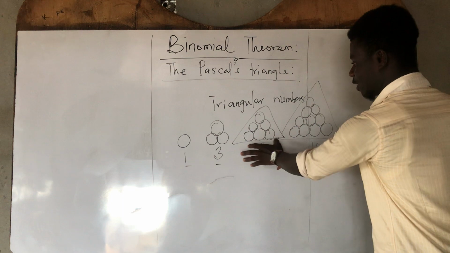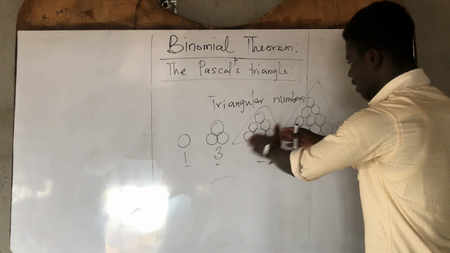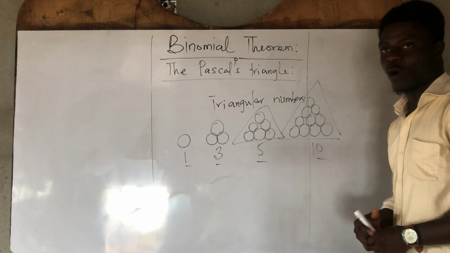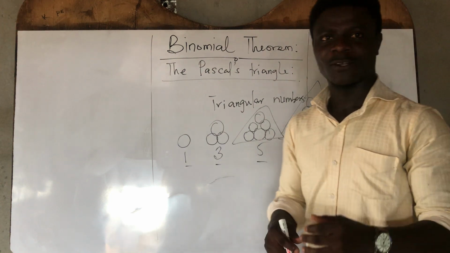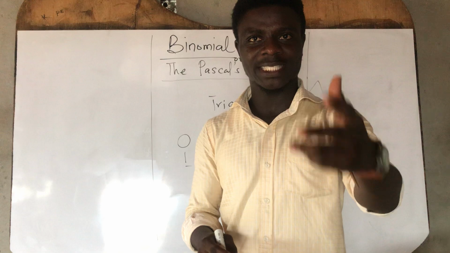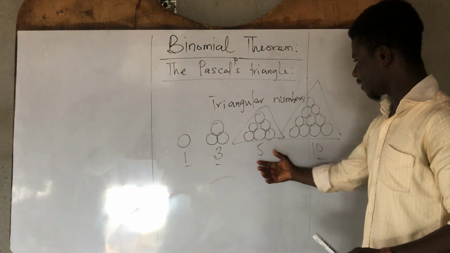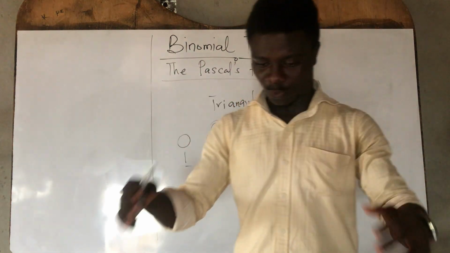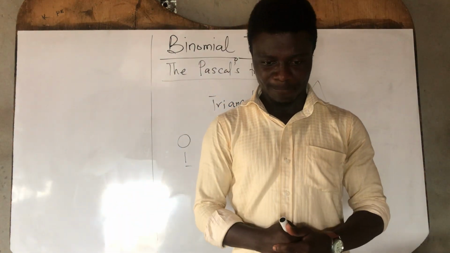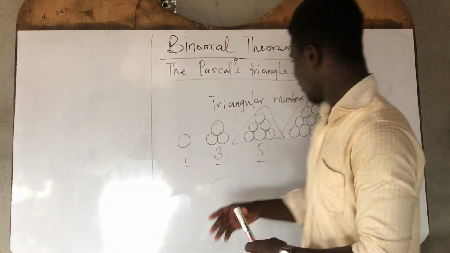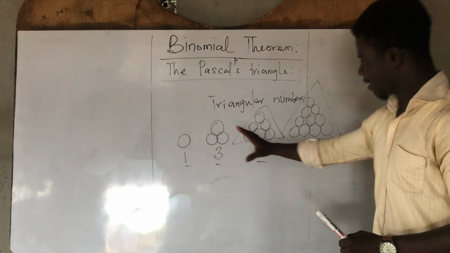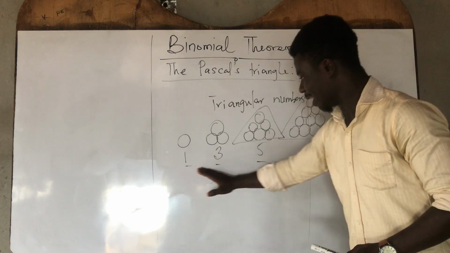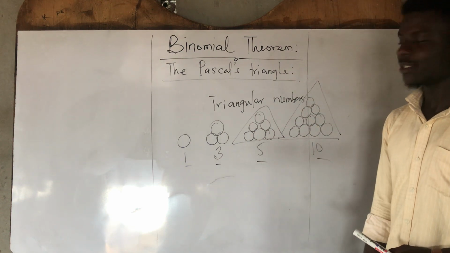Then we have 6 oranges here, forming another triangle. Then another 10 oranges here, forming another triangle, right? So when you go to the market, you can see how they've arranged the tomatoes and other things. They are called the triangular numbers. So we can develop the triangular numbers.